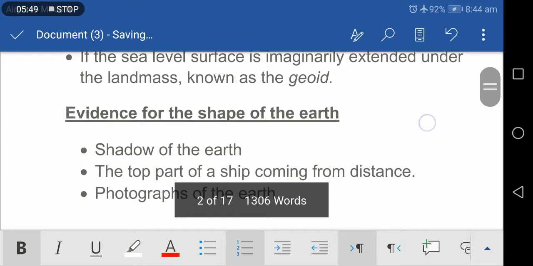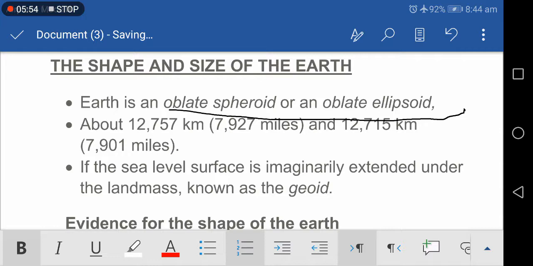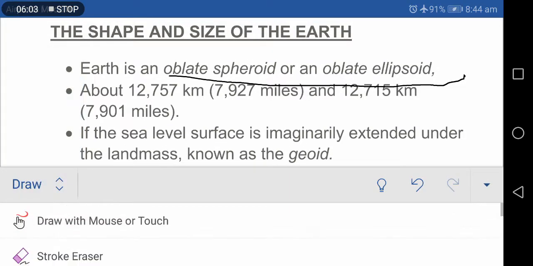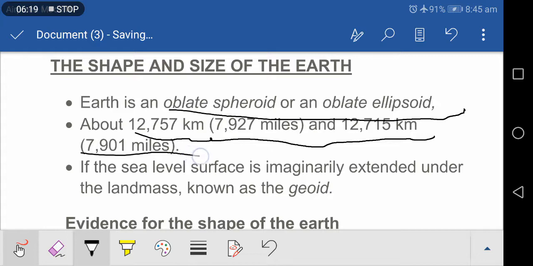The equatorial and polar diameters of the Earth are about 12,757 kilometers (7,929 miles) and 12,714 kilometers (7,901 miles) respectively.